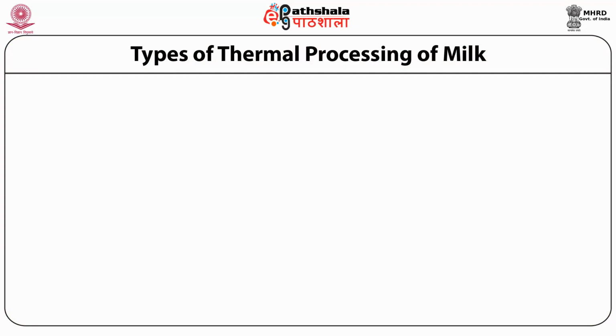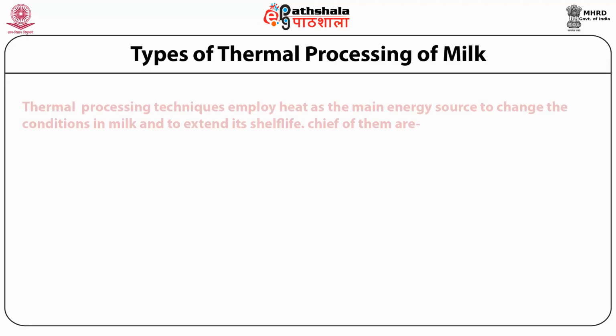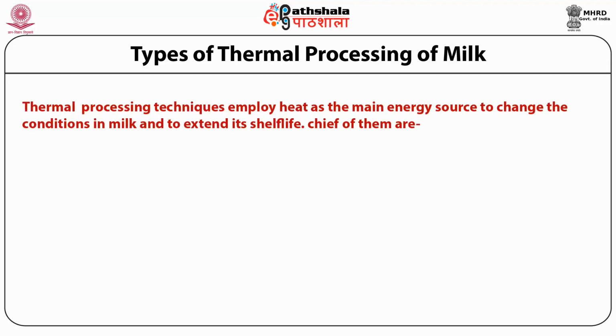Students, as you have come across the benefits of pasteurization, let us know about types of thermal processing of milk. As you know, thermal processing techniques employ heat as the main energy source to change the conditions in milk and to extend its shelf life.